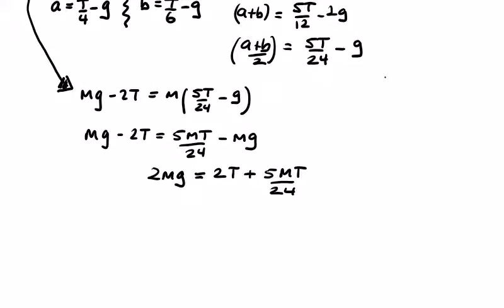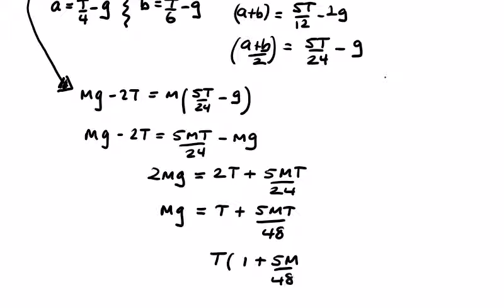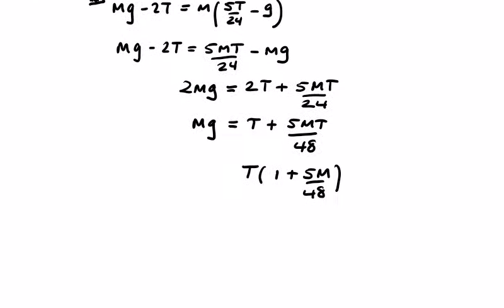If I divide by 2, I'm going to get mg is equal to T plus 5mT over 48. And factoring out T, I'll get 1 plus 5m over 48 will be equal to mg.